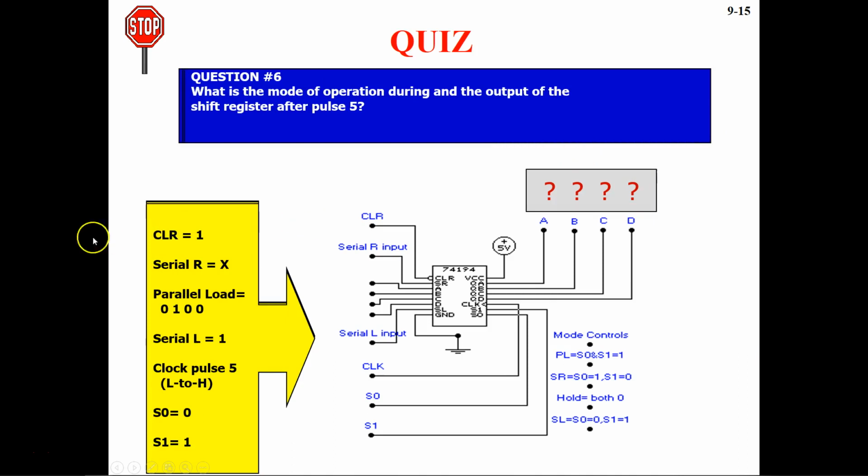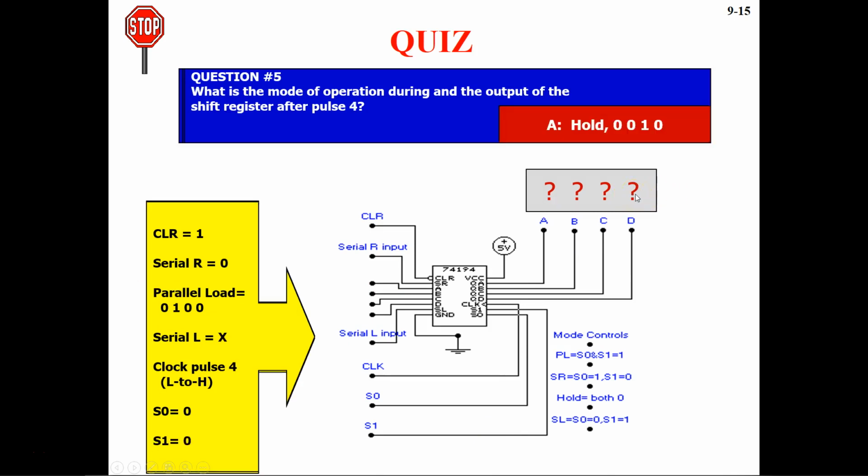Now the next one, clear 1, serial R X, parallel load, serial L 1, clock pulse 5, S0 is 0 and S1 is 1, which means shift towards the left. You are feeding serial L as 1, which means from the right end you are going to get 1. Previously we had 0, 0, 1, 0.